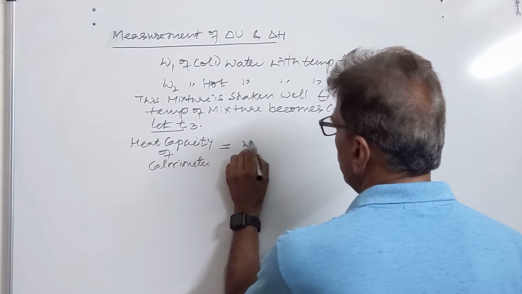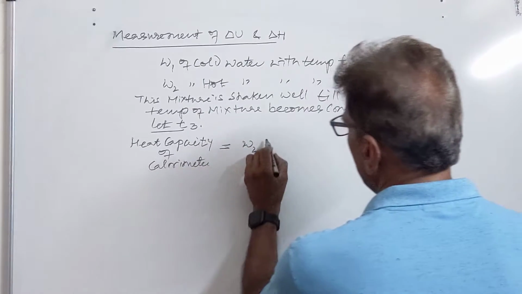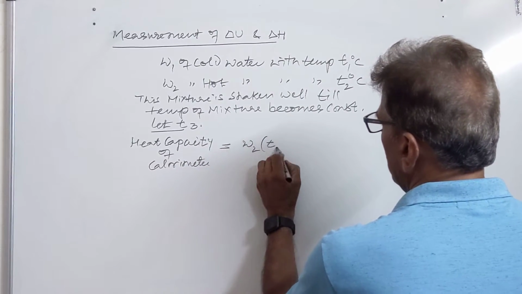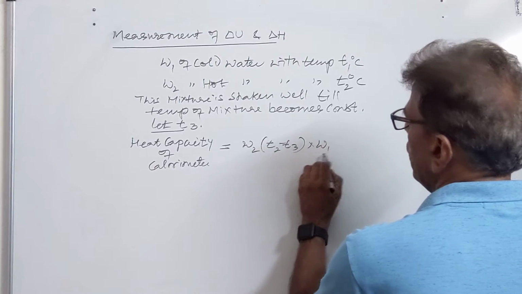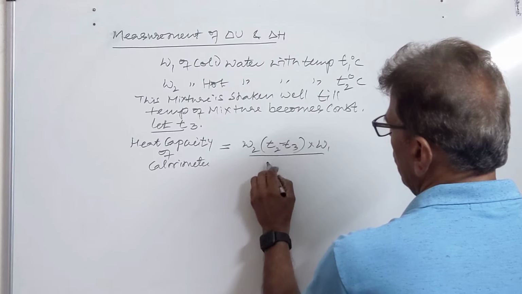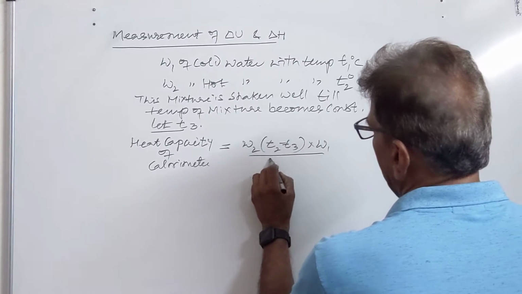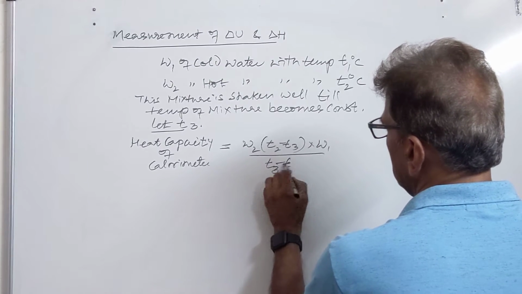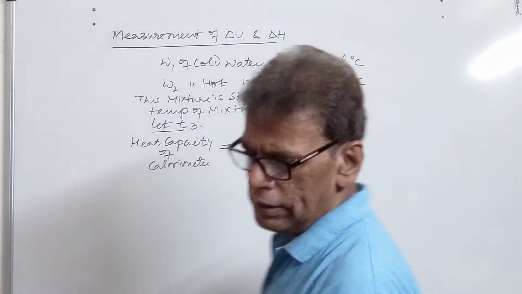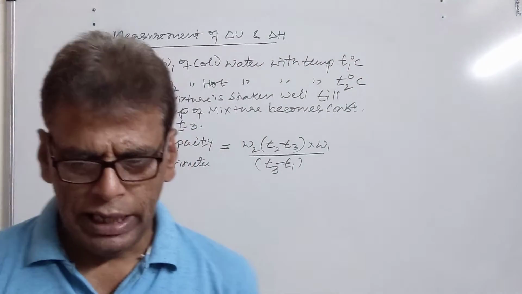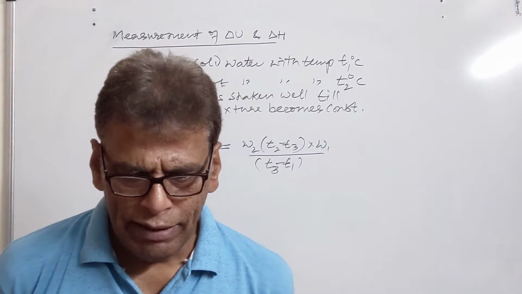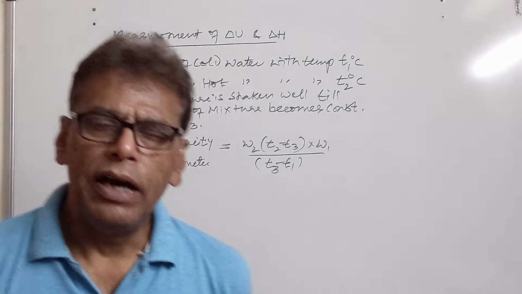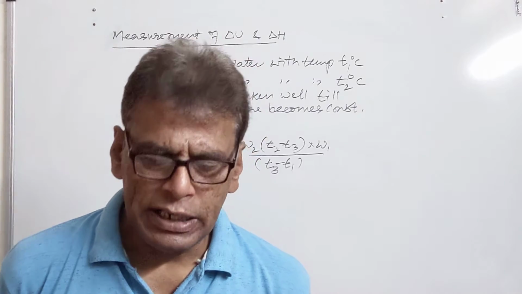It is given by W2, the weight of hot water, multiplied by T2 minus T3, upon W1, the weight of cold water, multiplied by T3 minus T1. So this is the formula which helps us to calculate the heat capacity of the calorimeter, and then to know the enthalpy change or internal energy change at constant volume.